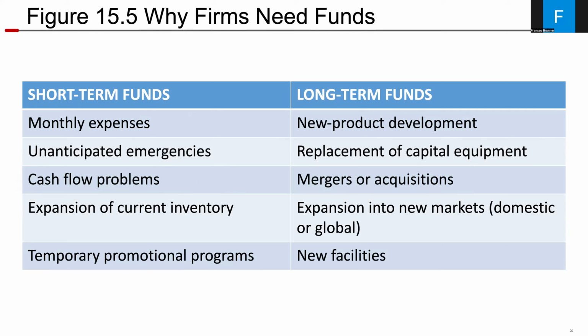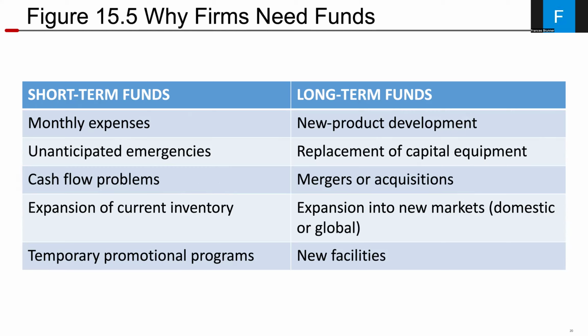Some long-term funding projects would be for R&D or new product development, replacing capital equipment such as vehicles or manufacturing equipment or tools that have high expense. Conducting a merger or acquisition would require long-term financing, possibly, or expanding into new markets.